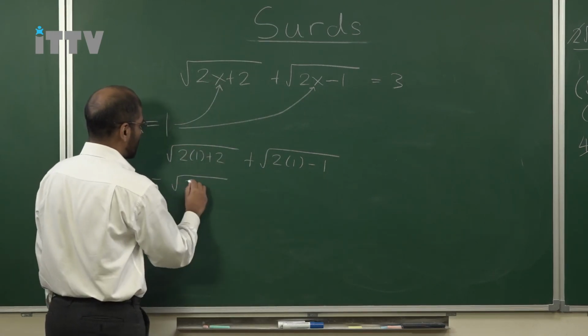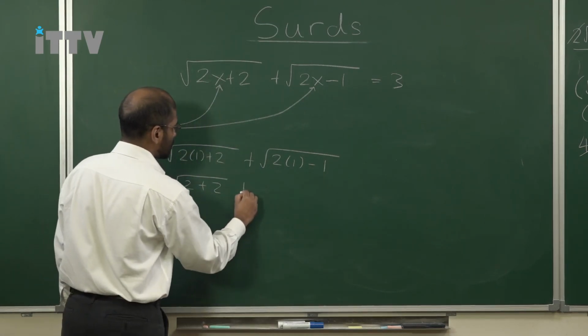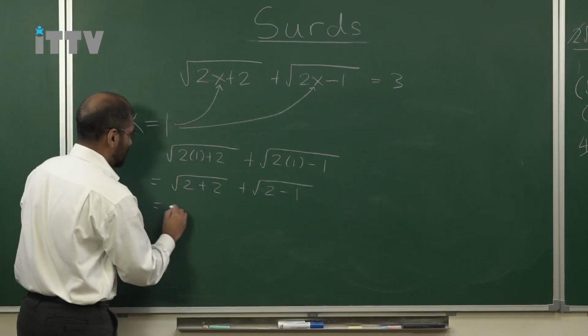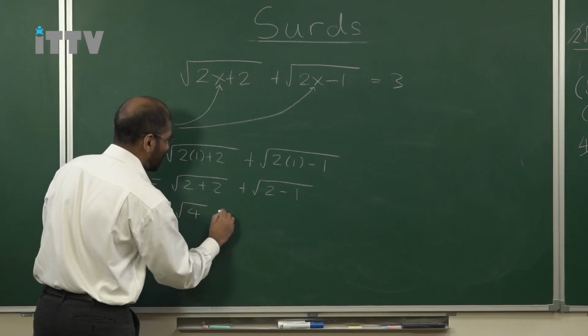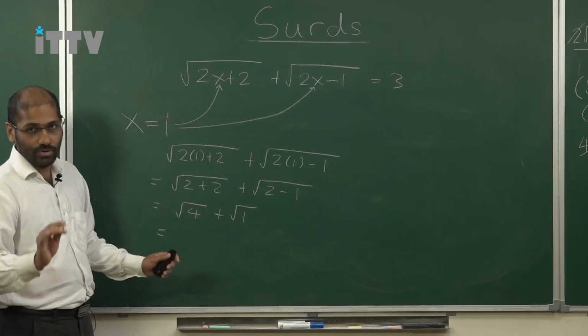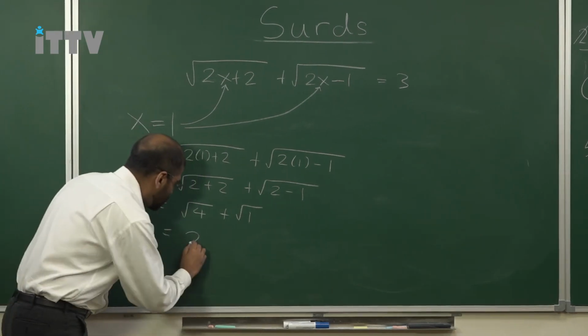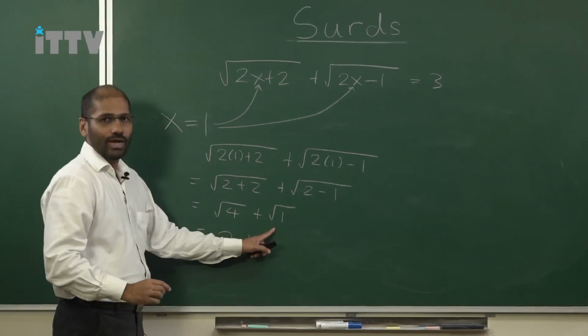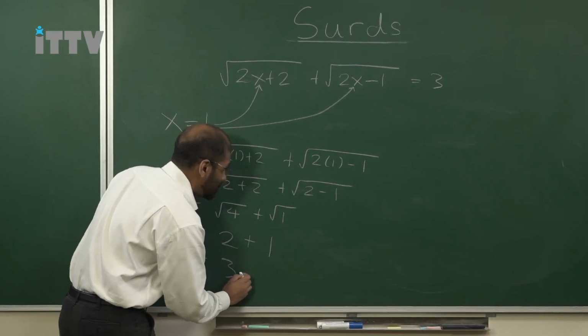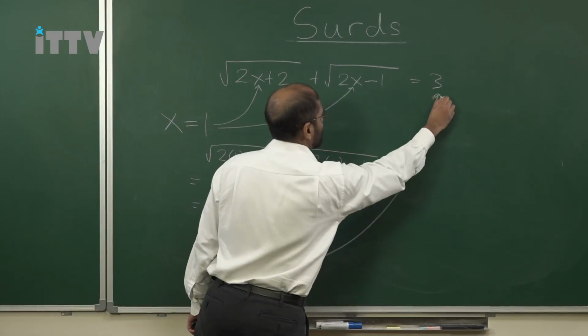So this gives us 2 plus 2, and this gives us 2 minus 1. So we have square root of 4 plus with square root of 1. Now the square root of 4 is 2. The square root of 1 has to be 1. And 2 plus 1 equals to our answer over here, 3.